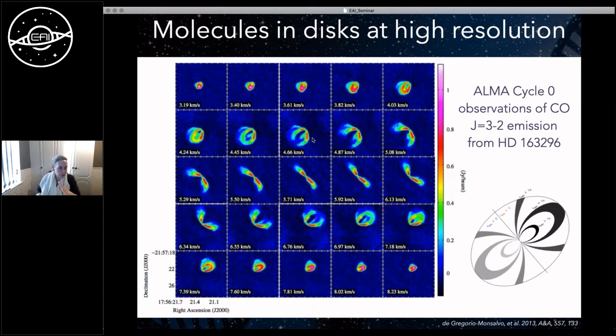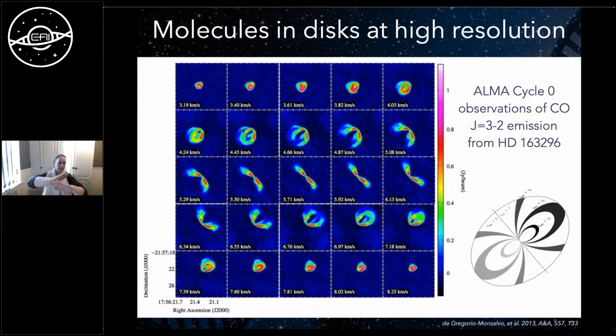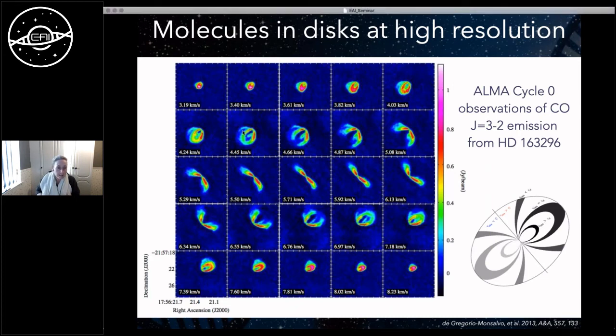So these data are really beautiful, but also really interesting because we can see the top side of the disk and we can also see the back side of the disk. So we can see the aspect ratio of the disk emitting surface. That already gives us an empirical measurement of the vertical location of the CO emitting surface. And the other thing that's really interesting here is that you can also directly see the freeze out of CO in the midplane. So you can see it here, you can see it here, you can see it here.